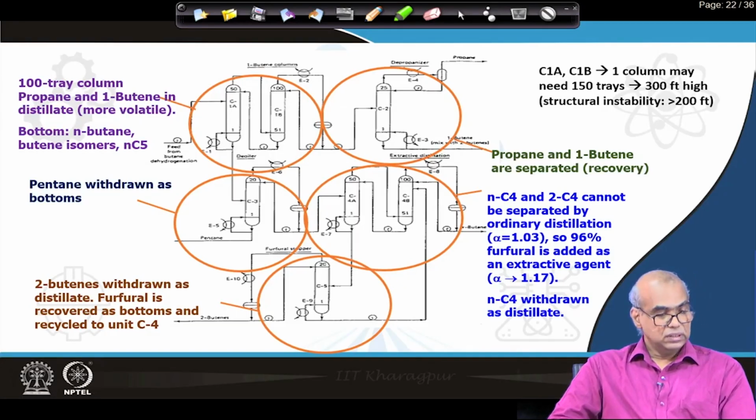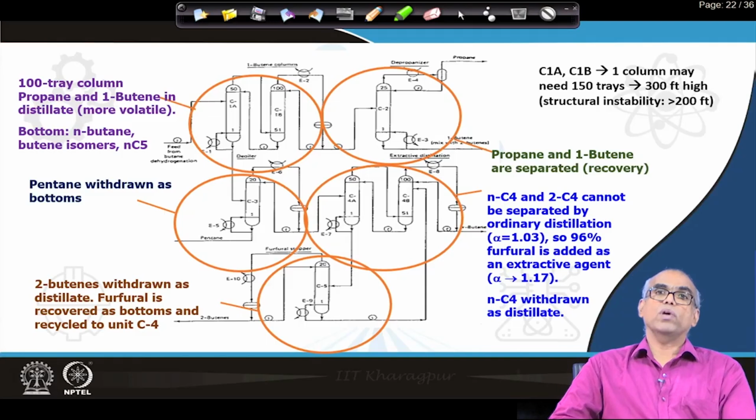Now, this sequence of distillation columns will of course be able to perform the separation, and it will be economic as well, but still try to note that there is one scope for improvement. In the problem statement, we have seen that we require butene mixtures.